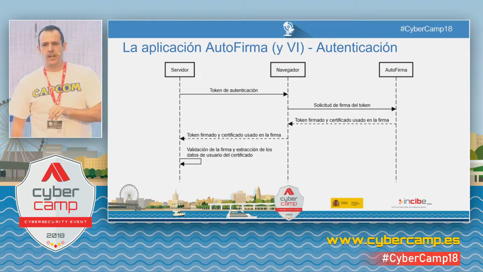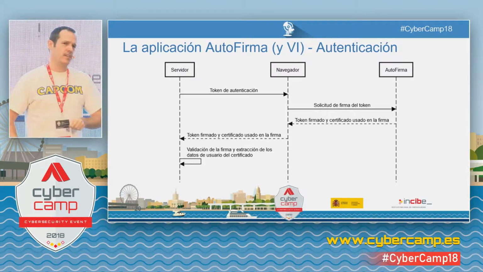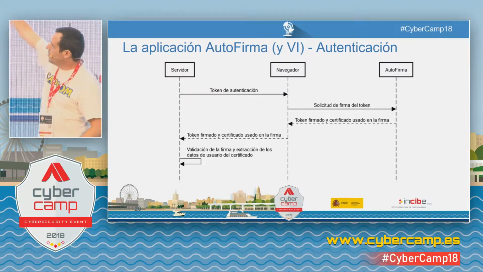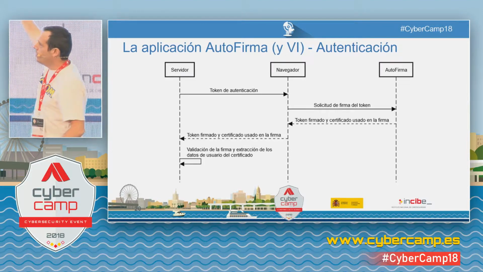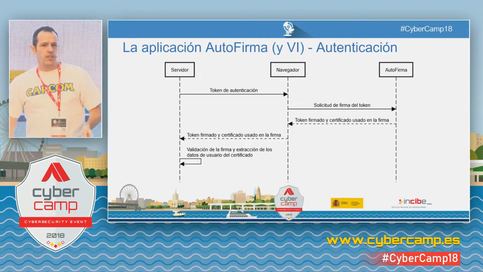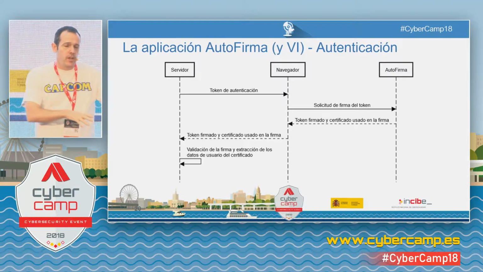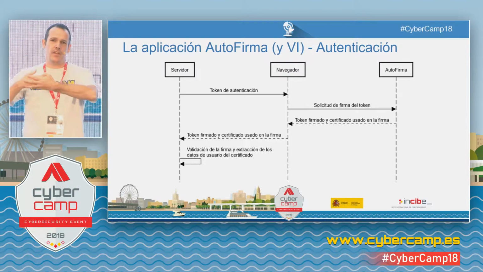The problem comes when there are a number of entities that decide not to use client SSL but a different mechanism to identify citizens. Then they made up something else. They send an authentication token and it says the token is to be signed, then the token is validated and then it is considered to be authenticated. Deep inside it is the same thing that client SSL does.